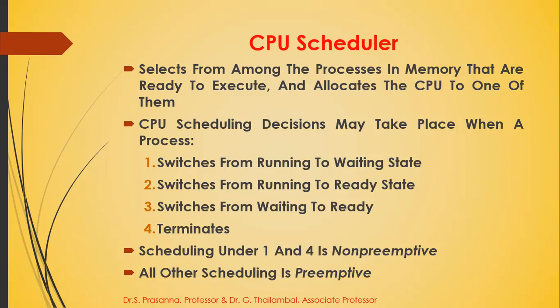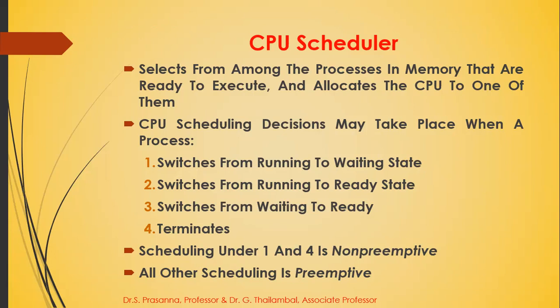So only a ready process can be given to the CPU for execution. More processes may be waiting in memory, so the scheduler needs to choose a particular process and give it to the CPU for execution.